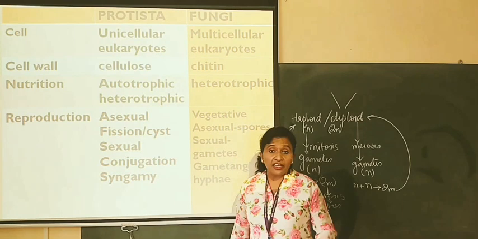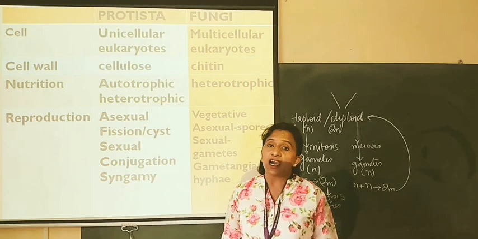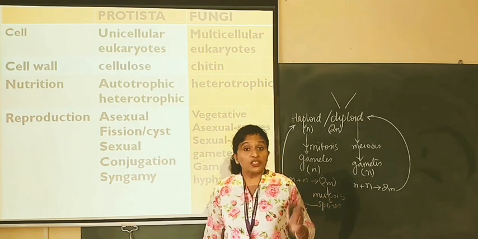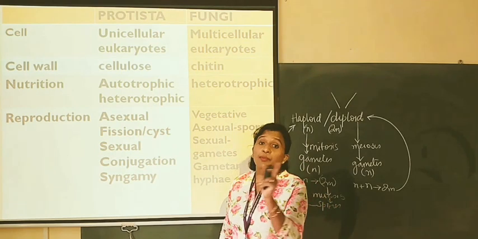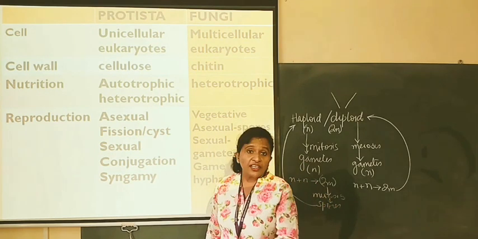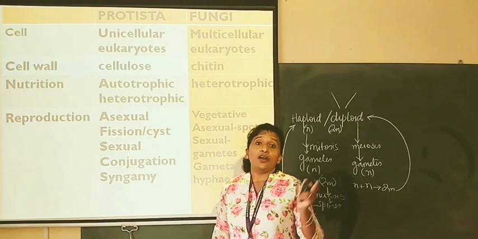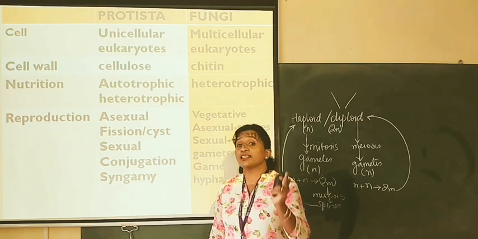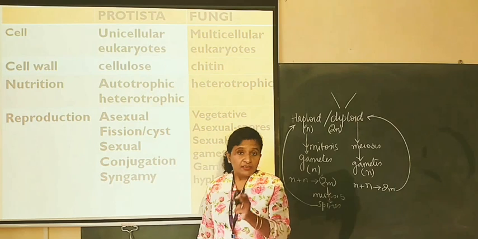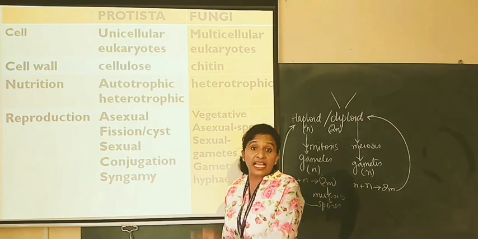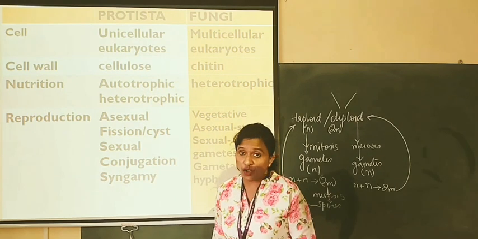Whereas in kingdom Fungi, all the organisms are haploid. Therefore, the plasmogamy between the haploid gametes or haploid hyphae or the gametangia takes place, then karyogamy takes place, that is the fusion of nuclei, and the zygote will always be diploid here.